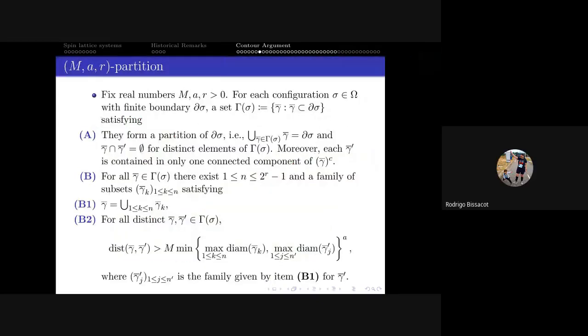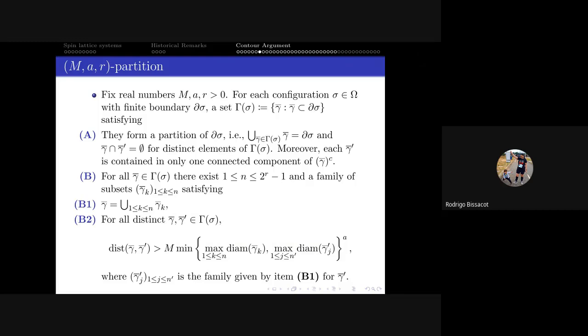For those who are aware of the Fröhlich and Spencer work, this is our main reference. Just to not be mysterious, these subsets are in the condition B2. We use these subsets to state the condition on the distance between the sets that will be the contours afterwards.